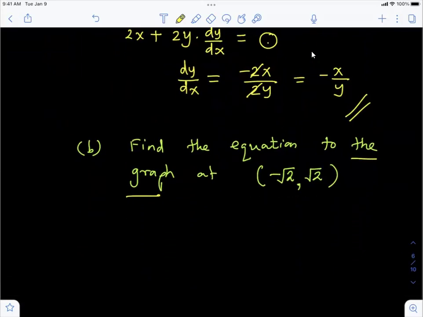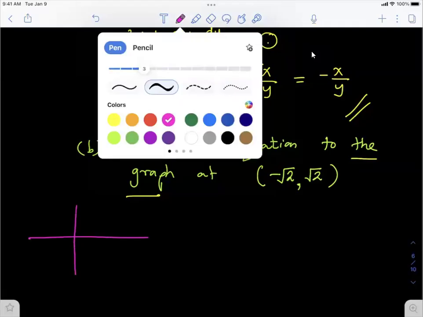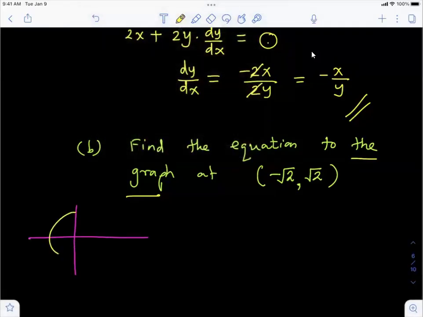Now, since we already saw the graph, let me just redraw it. It is a circle. And look at this. Negative root 2, root 2. This is in fact lying on this circle. How can you verify?